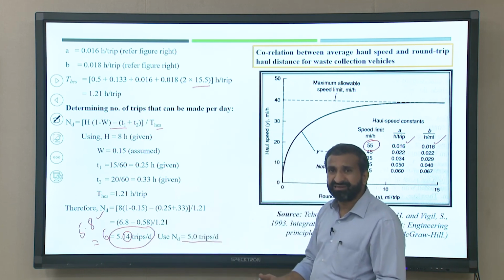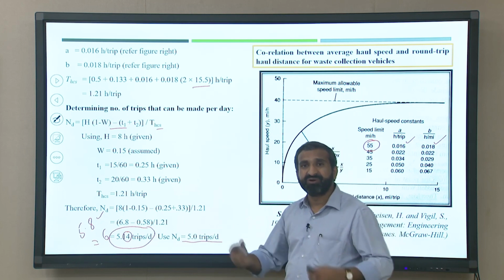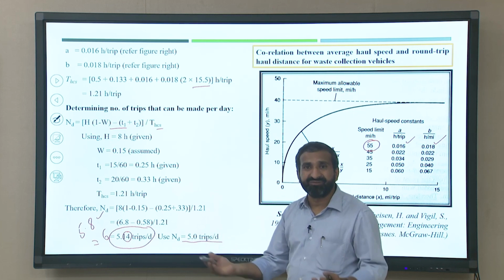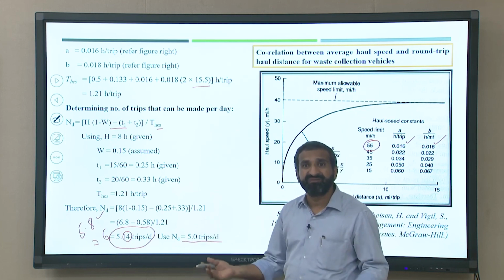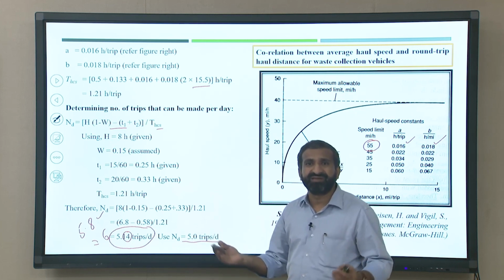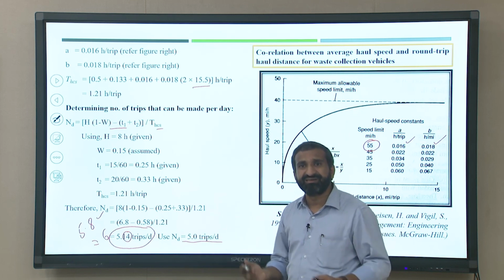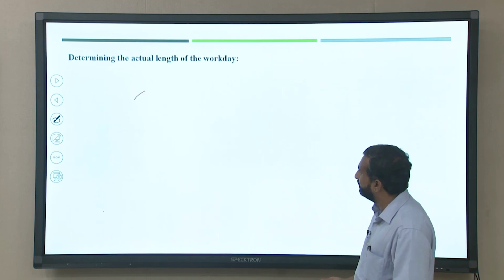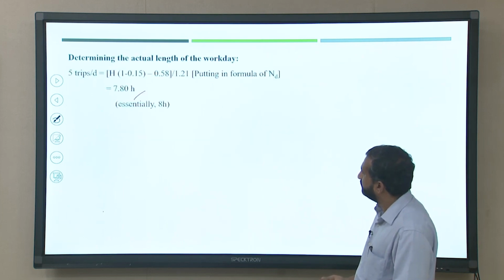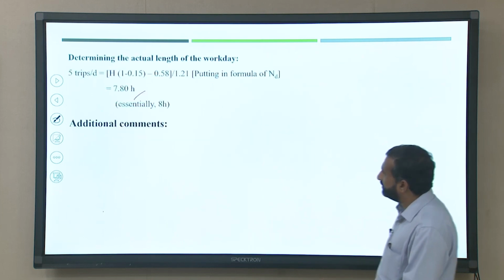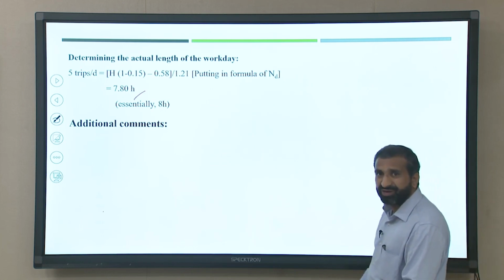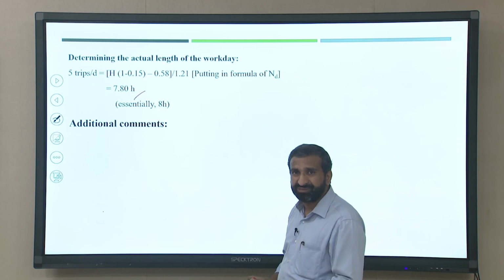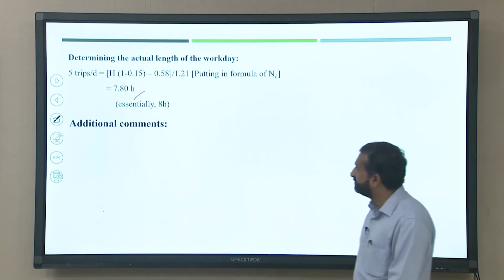It is possible that some manpower is paid extra charges for half an hour or 1 hour of extra work, and you can benefit by increasing the number of trips in a day. Now, what are the additional comments? Your answer is 5 trips per day, that is possible with the given data.